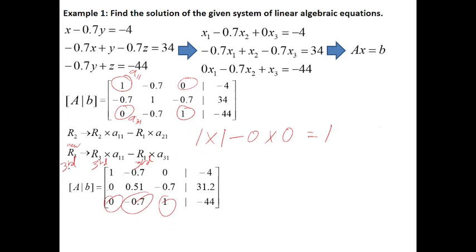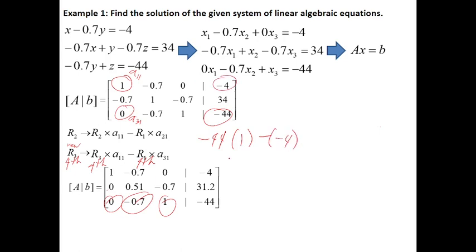And then, consider natin yung fourth. R3 fourth element, negative 44, times A11, 1, minus R1 fourth element, negative 4, times A31, 0.